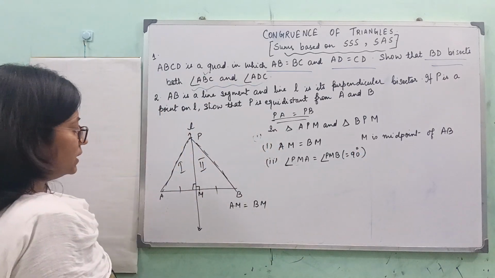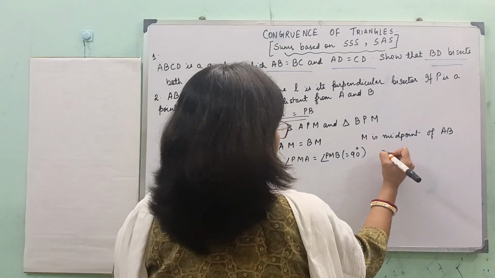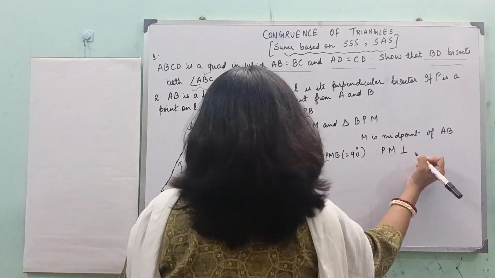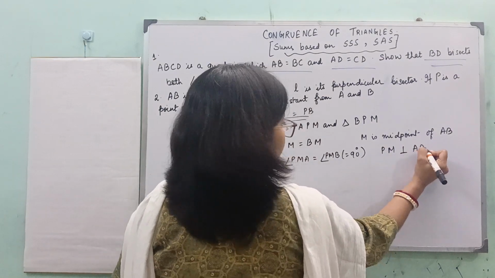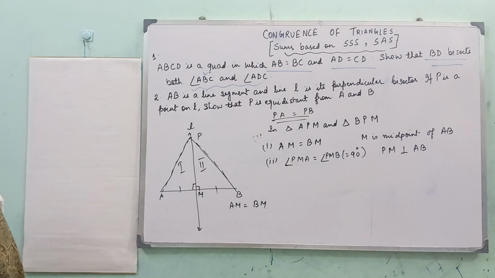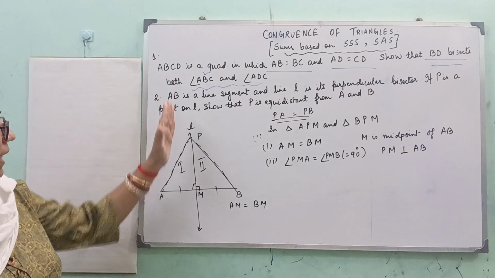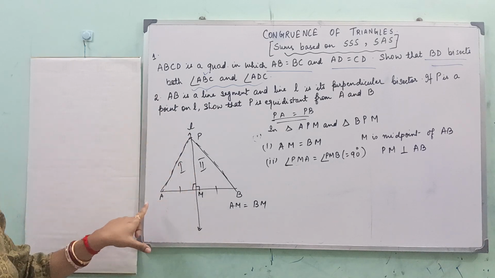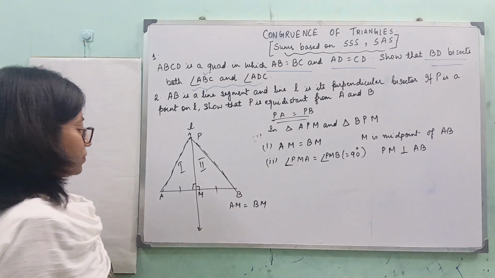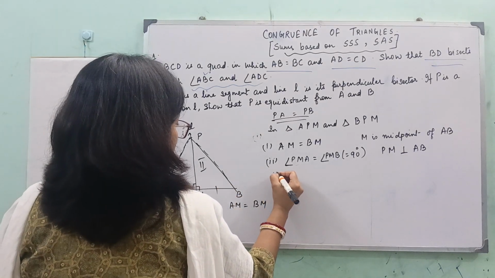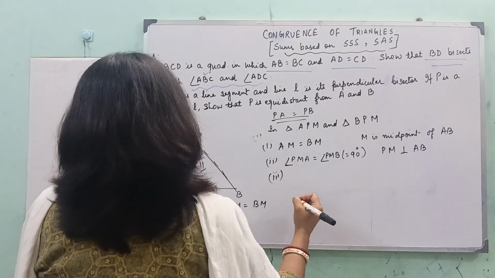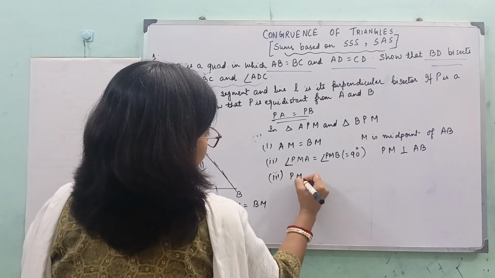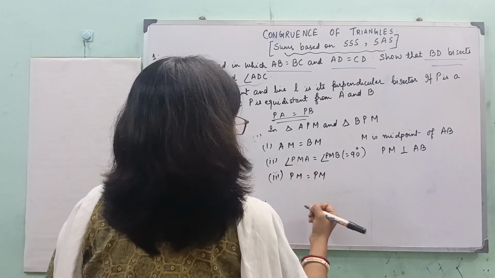Both of them are equal to 90 degrees. Why? Because PM is perpendicular to AB. This line segment is perpendicular, which means PM is a part of this line segment, so PM is also perpendicular to AB. Next, PM equals PM. What is the reason? Common side.